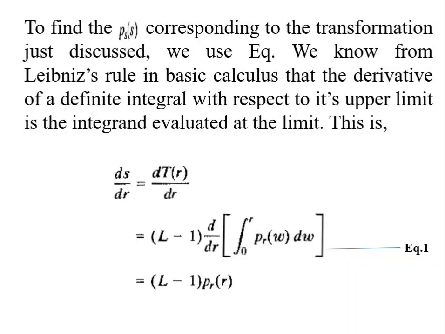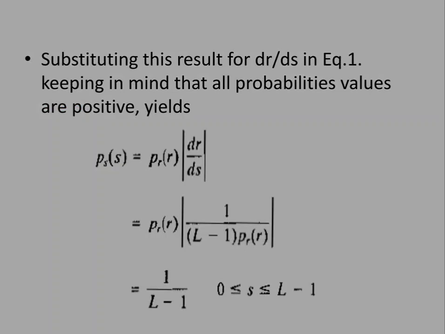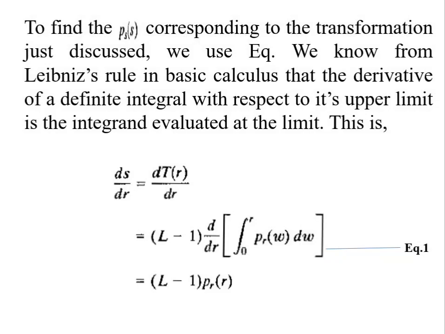To find the PS of S corresponding to the transformation, we use the equation. We know from Leibniz's rule in basic calculus that the derivative of a definite integral with respect to its upper limit is the integrand evaluated at the limit.